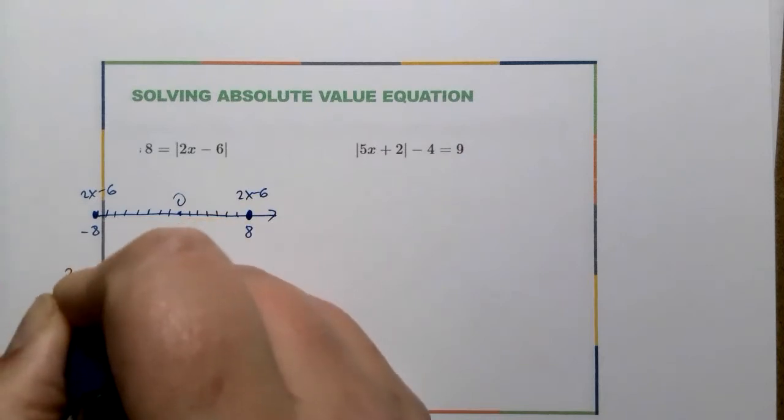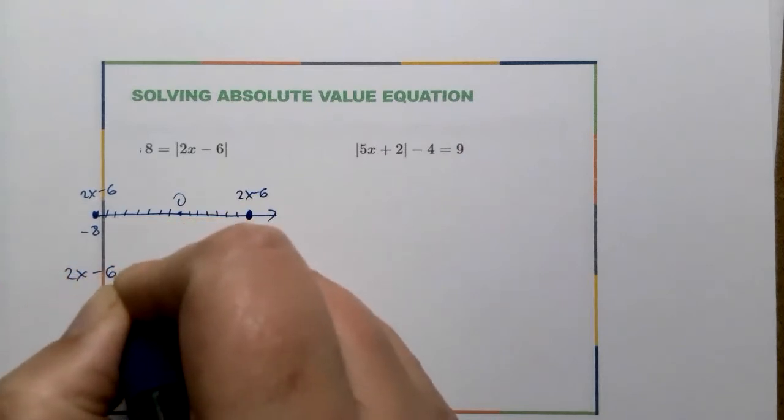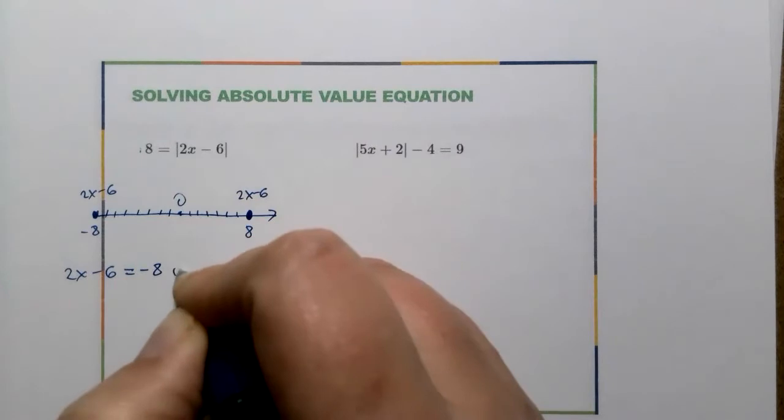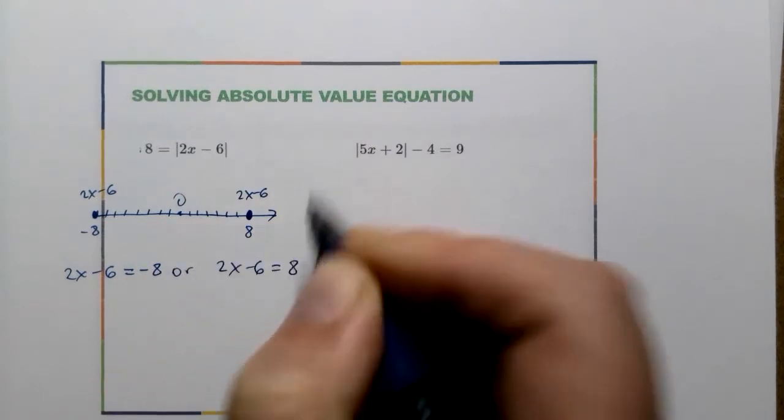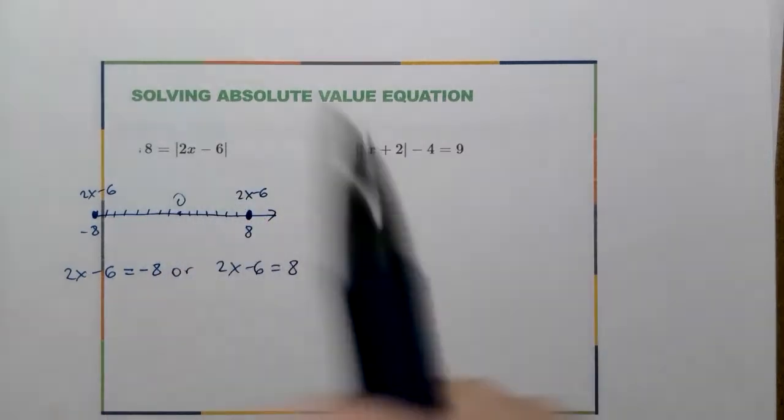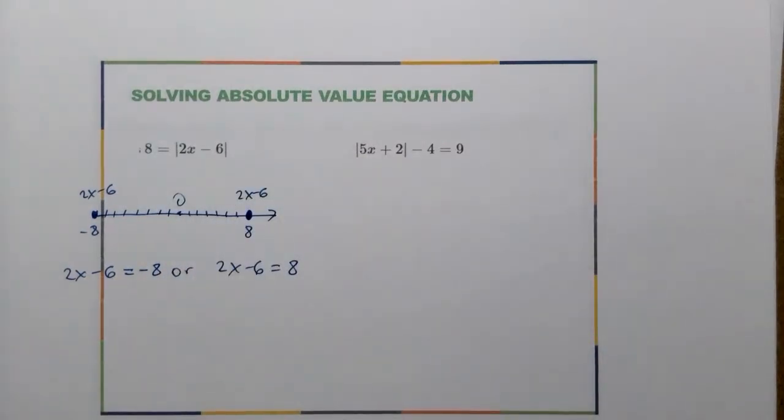The first one is 2x minus 6 is actually negative 8, or it could be positive 8. So when you're opening your absolute value, consider two different possibilities. You always have to consider two.